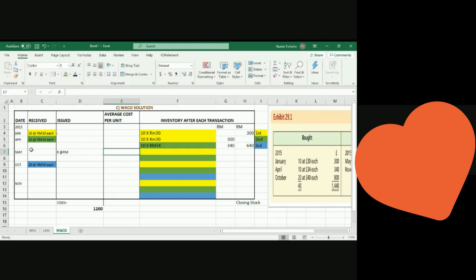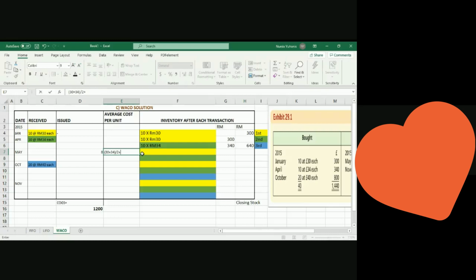So in May, you sell 8 items. Now you want to know how much is the price you need to charge for these 8 items. 30 plus 34, and then you need to divide with 2.